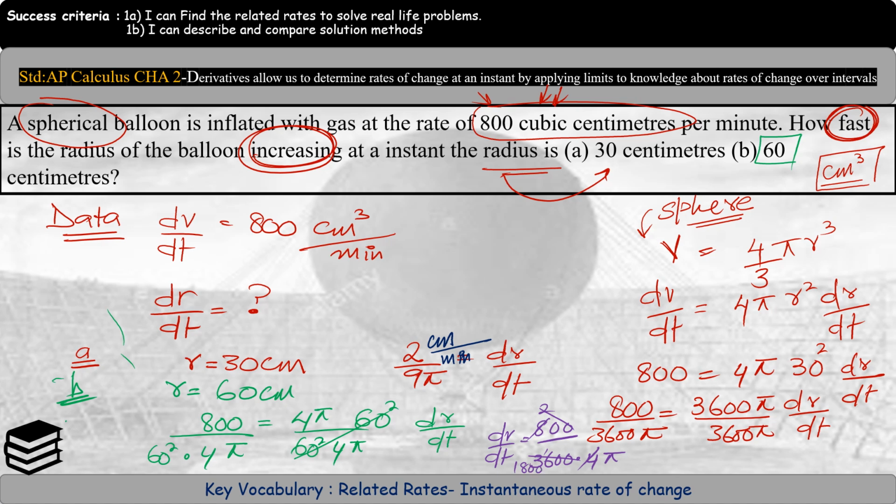So 1 over 1800 pi dr by dt will be your answer. So this is your answer. You can check the answer by using the calculator. So if something is wrong, you can just correct it.